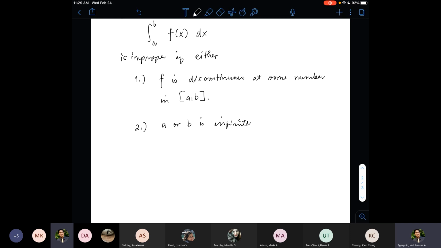It's better to look at some examples rather than talking in abstract terms, but that would be the idea.